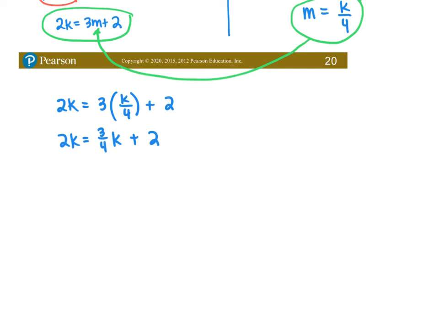So I'll multiply this by 4, and this by 4, and this by 4. The 4's by the k cancel out. So I'll be left with 8k equals 3k plus 8. Then I'll subtract 3k from both sides. So 5k equals 8. So k is 8 over 5.